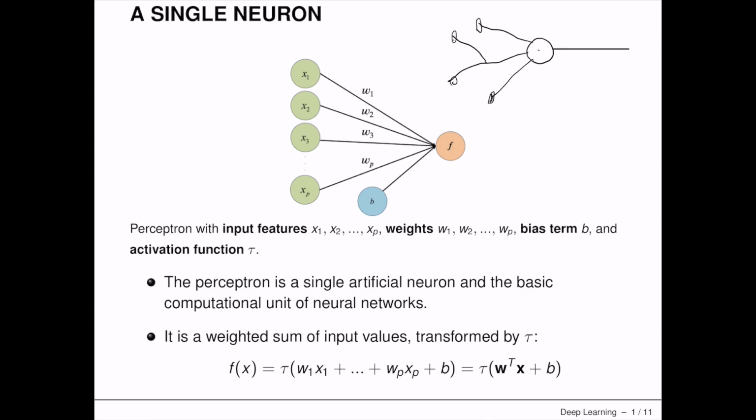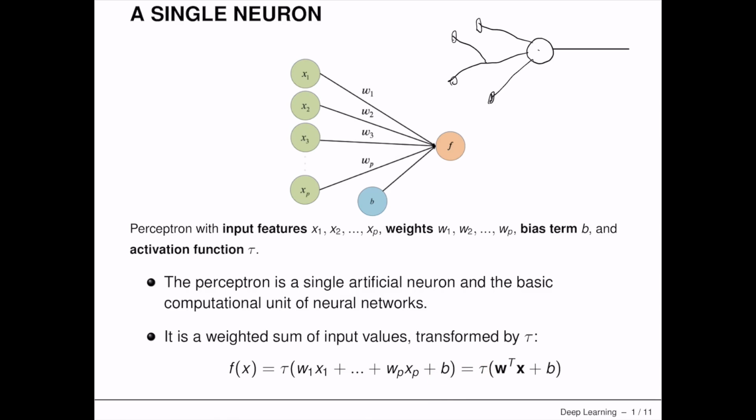Now everything is fed into this node F as a weighted sum. We see that input 1 is multiplied by weight 1, and so on, input P by weight P, and we add the bias. And all that is the input of a function tau. This is a so-called activation function.